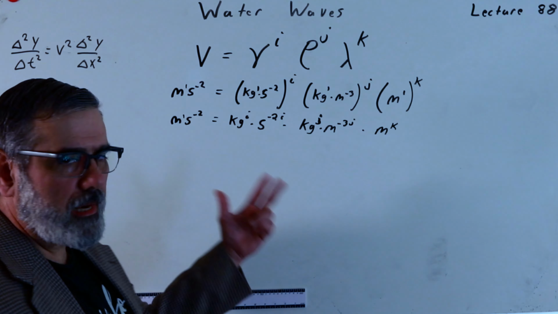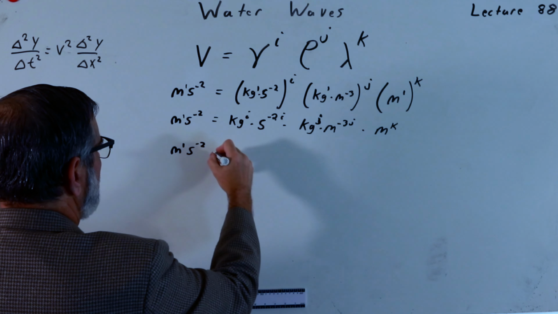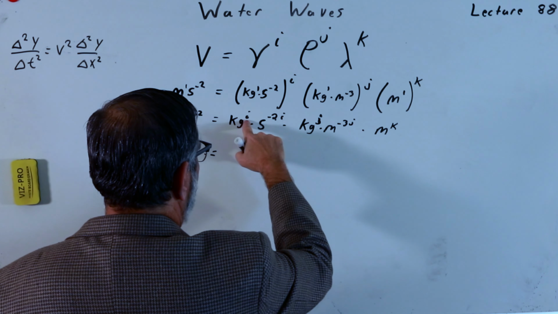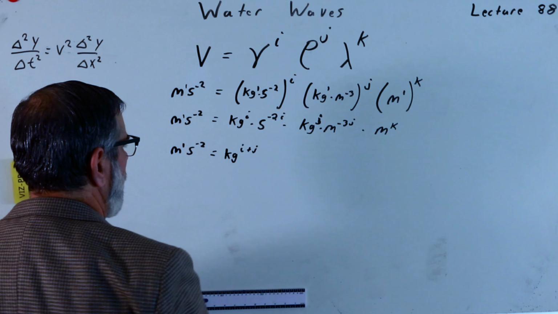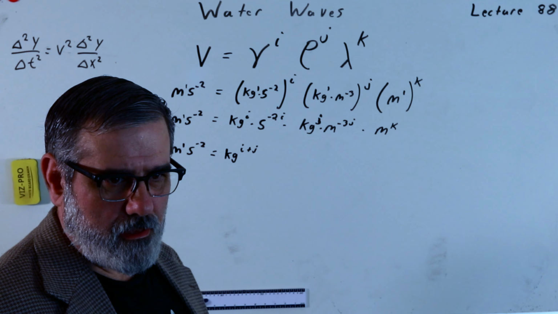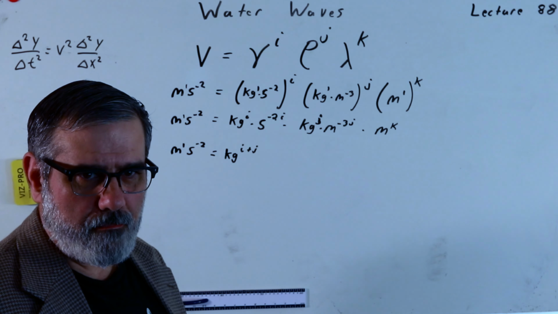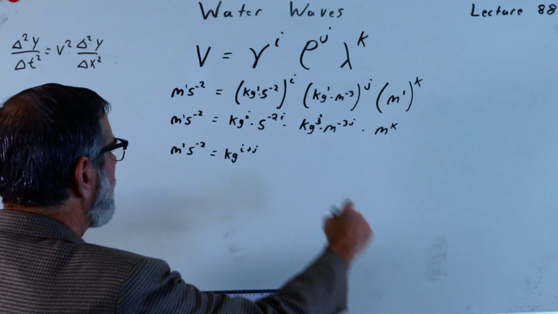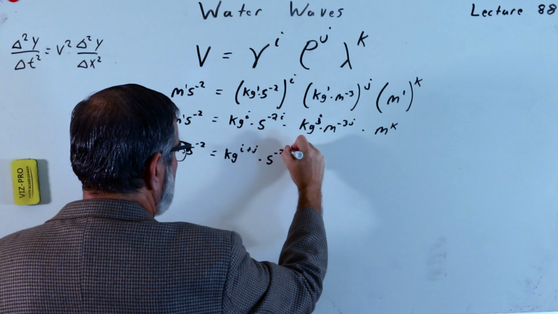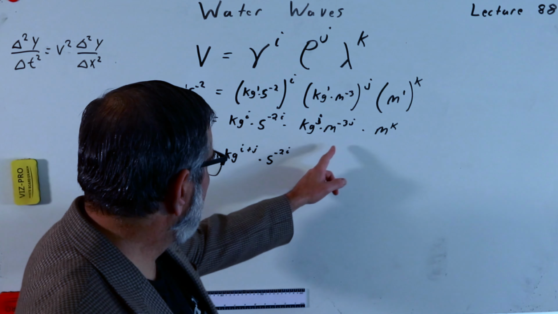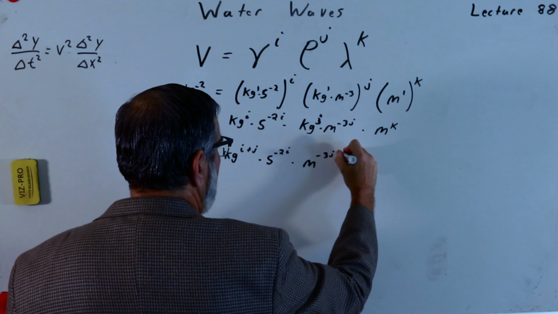Now I'm going to collect all the terms together. Meters to the 1, seconds to the minus 2 equals kilograms to the i times kilograms to the j, which is kilograms to the i plus j power. If I multiply x to the i times x to the j, that's equal to x to the i plus j, just the law of exponents. I only have seconds in one case here, so that's times seconds to the minus 2i. And meters, I've got two things with meters in them, so that'll be times meters to the minus 3j plus k.